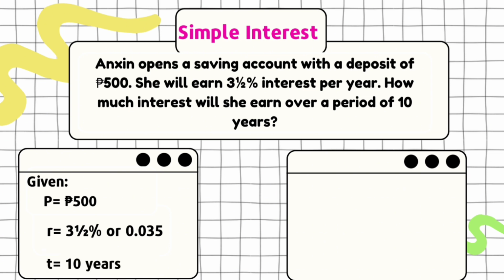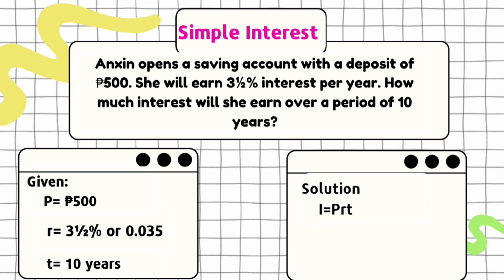In converting percent to decimal, divide 3.5% by 100 in order to get 0.035. And T is 10 years. So what we are going to solve is the simple interest or I, since the problem asks how much interest will she earn.